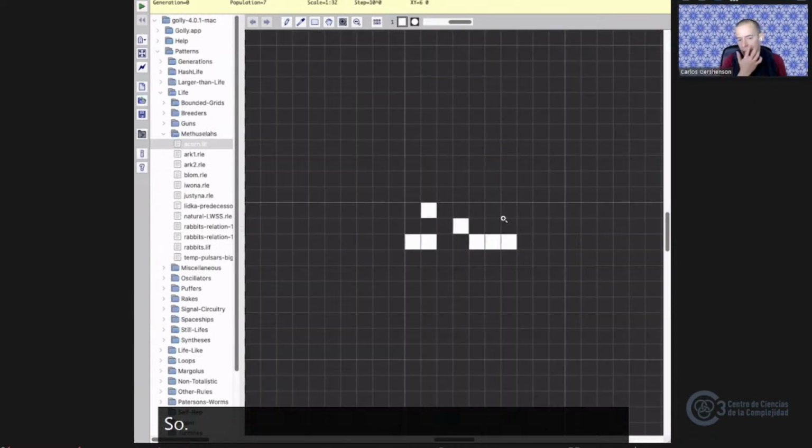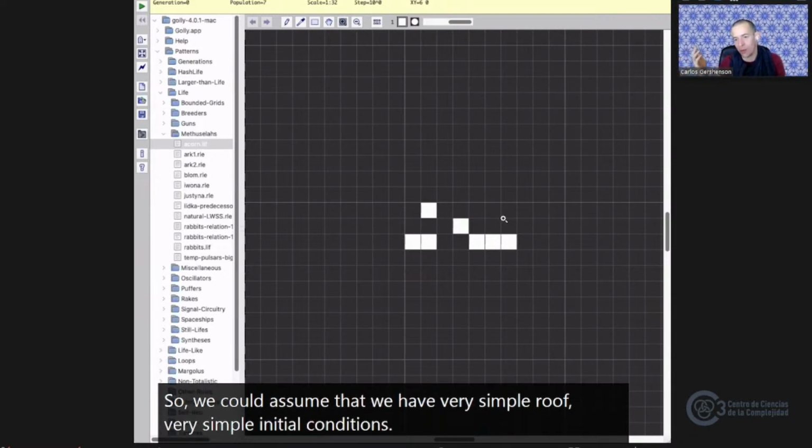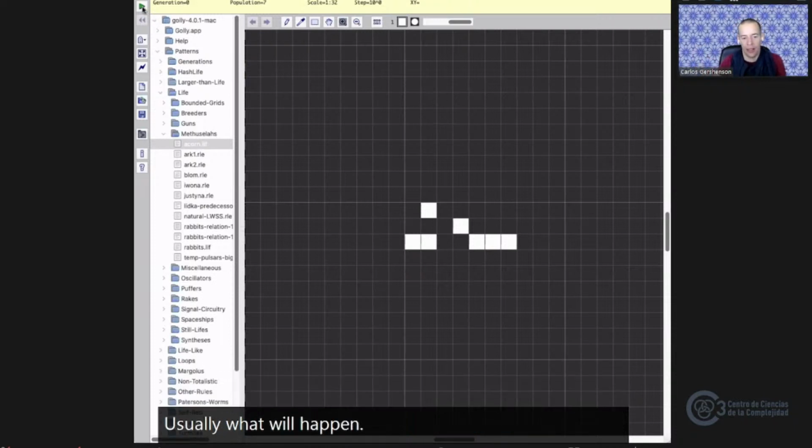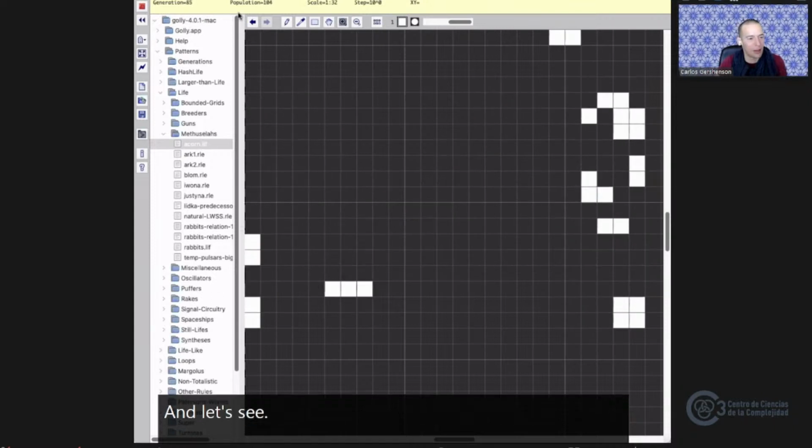So this is an example of an initial condition that has only 7 cells. So we could assume that we have very simple rules, very simple initial conditions, and we should be able to predict easily what will happen. And well, let's see what kind of behavior it has.